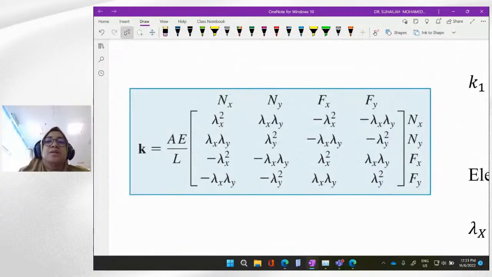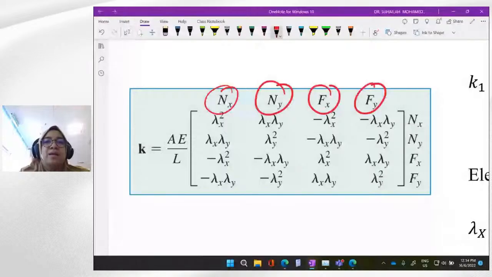And again, I have actually discussed the element stiffness matrices in example 14.1, the video that I made 2 days ago. In example 14.1, I discussed the example given in the textbook, how we establish the element stiffness matrix. In this formula, there is the label here.